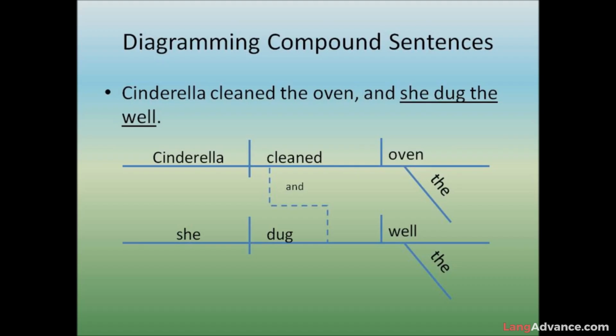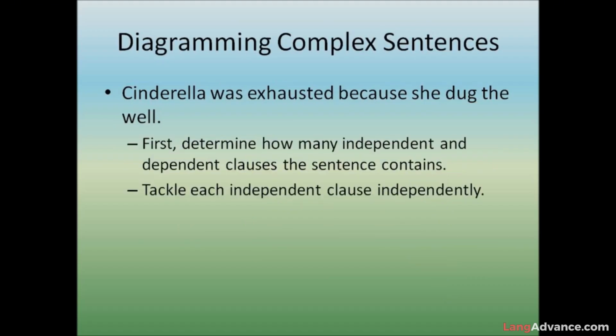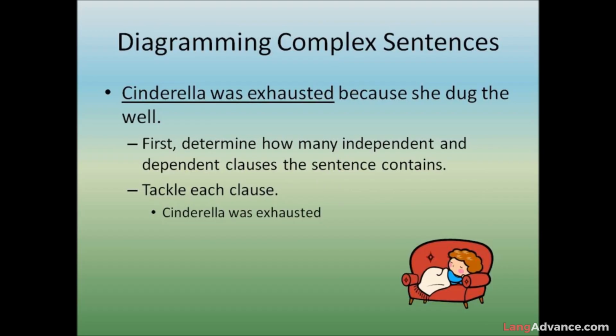To diagram a complex sentence, we do the same as we did before. We have to determine how many independent and how many dependent clauses a sentence contains, and then we can tackle each independent clause independently or a dependent clause dependently. In this example, Cinderella was exhausted is the first clause. It could stand alone as a sentence.